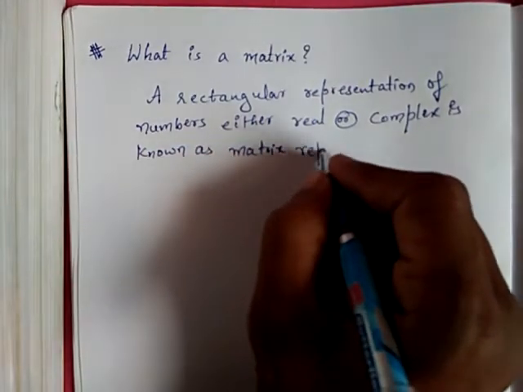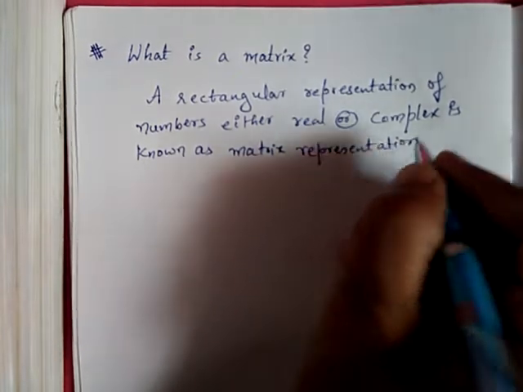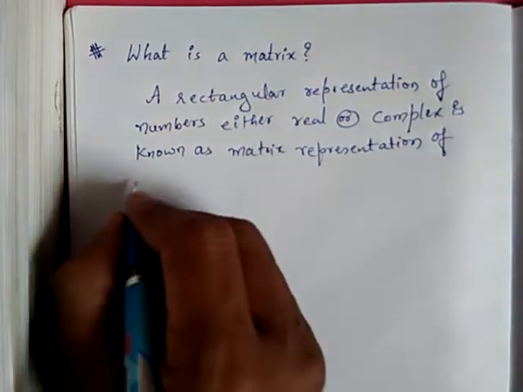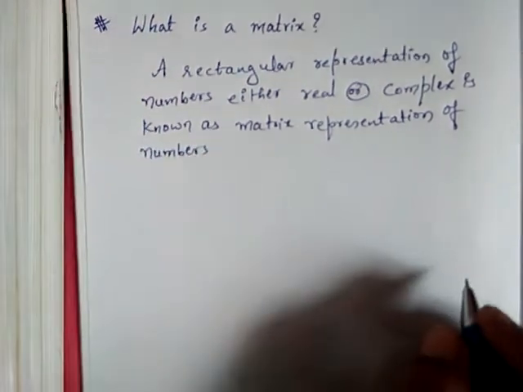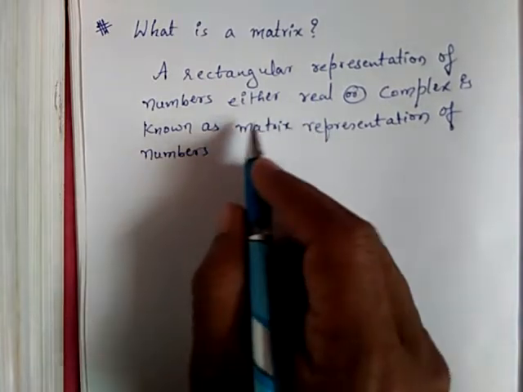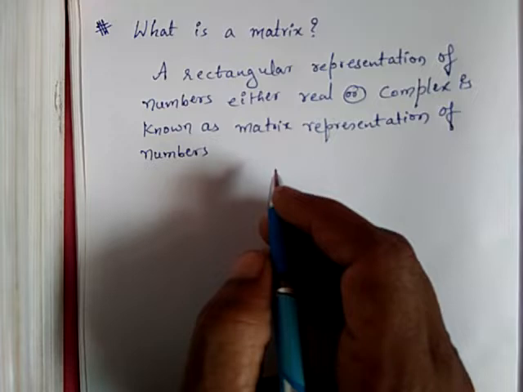A representation of numbers. Okay, a rectangular representation of numbers, either real or complex, is known as matrix representation of numbers.